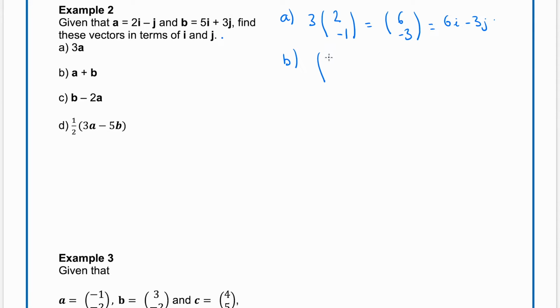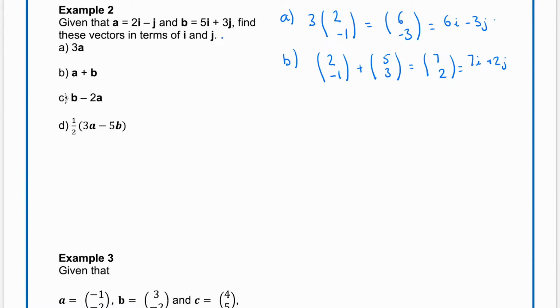So a is 2 and minus 1, and b is 5 and 3. So we have 2 add 5, which is 7, and then minus 1 add 3, which is 2. So this would be 7i plus 2j.